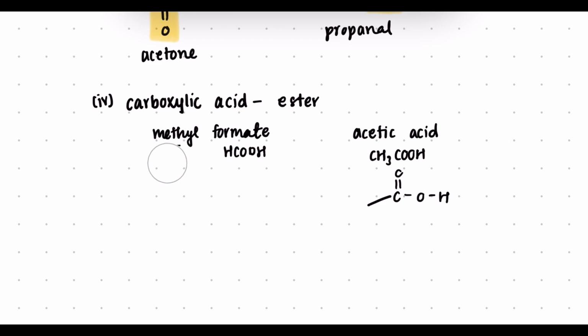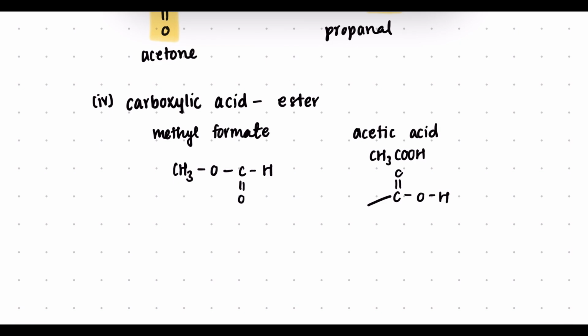So now if we were to draw the structures, we would get a CH3 by itself, and now remember that the carbon of the acid is not included with this CH3. So we're just going to draw the oxygen here, and a carbon, and an H. So that's how you would draw that.